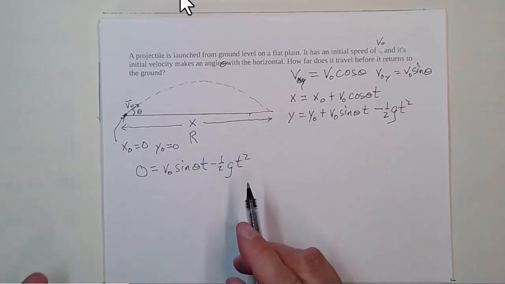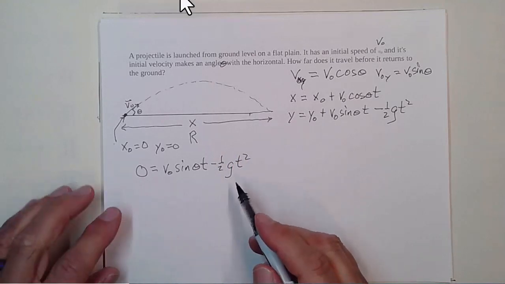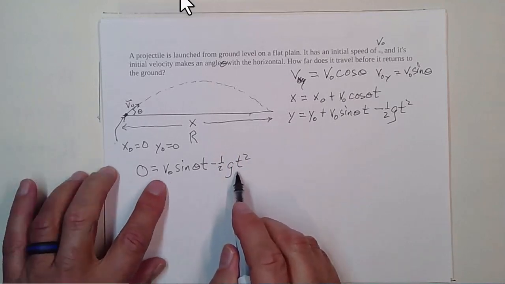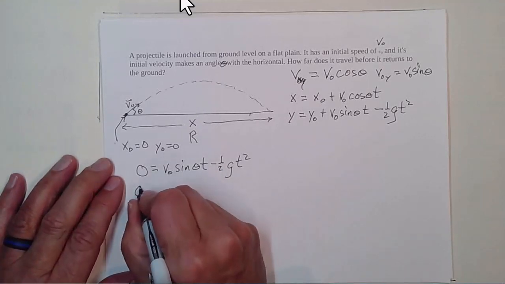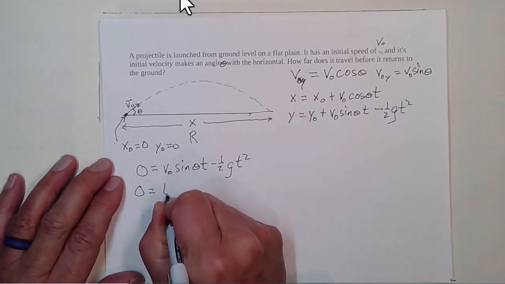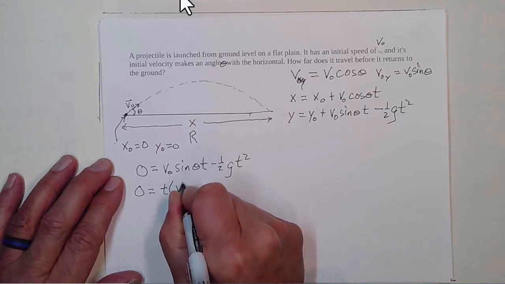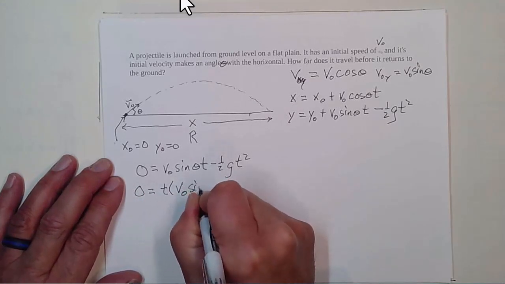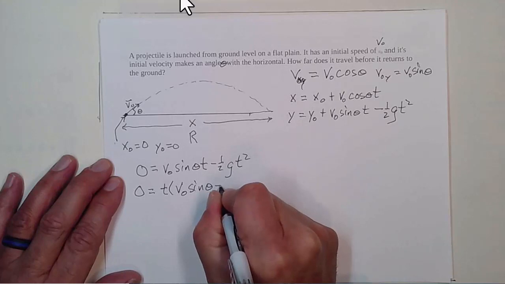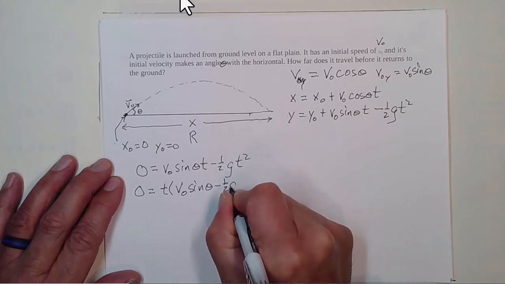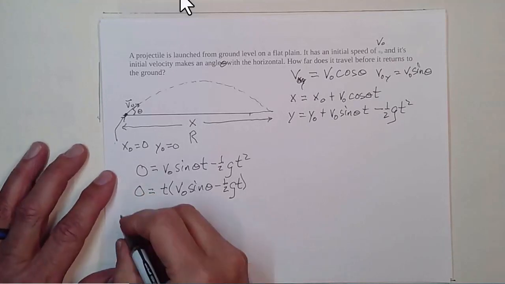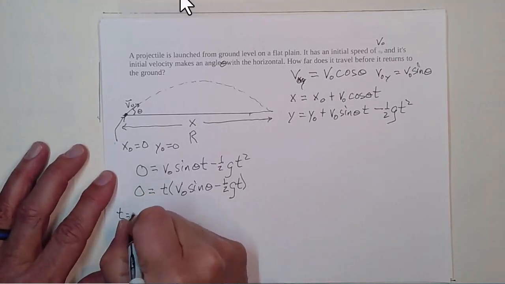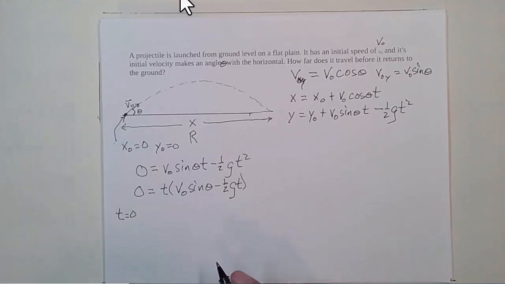Okay, and we'd like to know how long that thing is in the air. Well, we can factor this expression. It's got t's in both terms. To find the solutions to the time, we'll have t times v naught sine theta minus 1/2 g t. Those multiply together to equal 0. One solution is t equals 0. That's the instant it was launched.